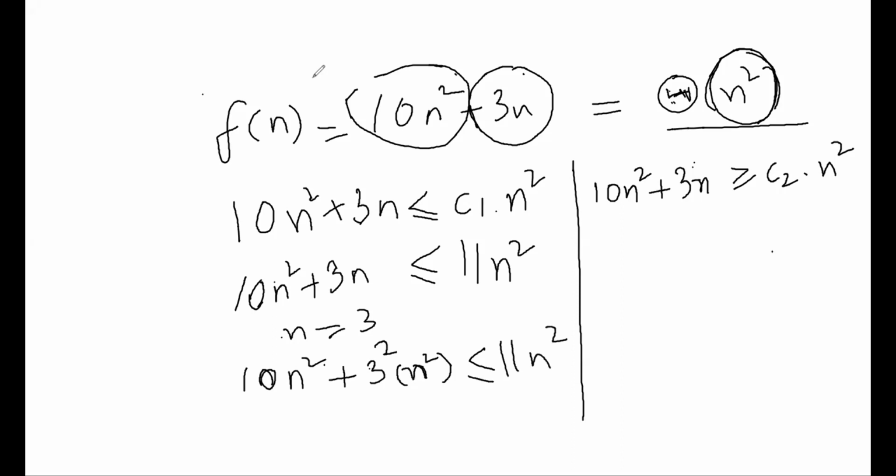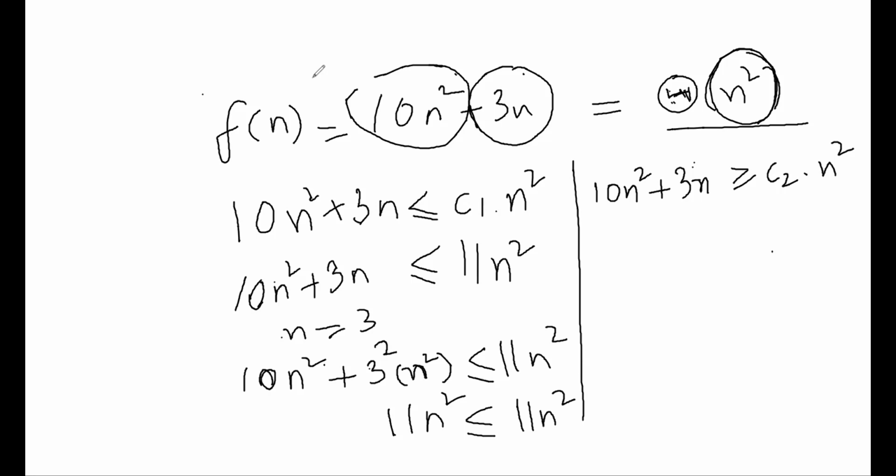So 10n square plus n square is 11n square, which is less than or equal to 11n square. So this is true. The equation is true if n is equal to 3 and C1 is 11.